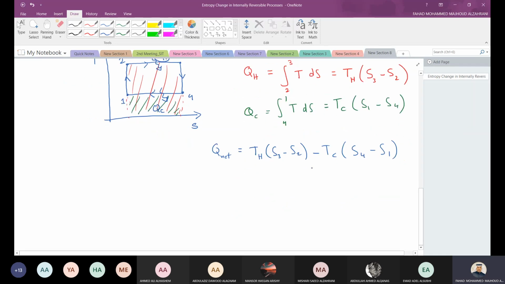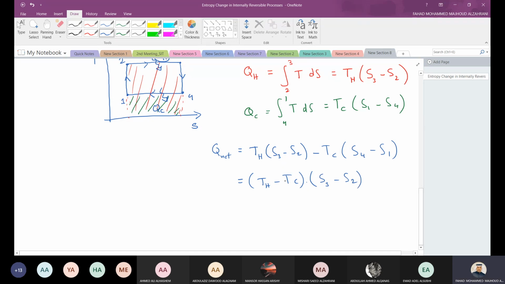If we open these and simplify further, what we eventually have is T hot minus T cold times S3 minus S2. Okay?